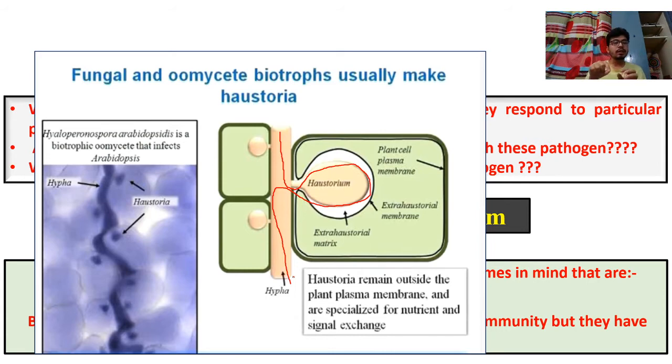After connecting, they can feed on that particular host. So hyphae are inserted in the form of haustoria, and then the fungus gets nutrients and all the content from that particular plant. So this is the way the fungus can disturb the plant immune system.